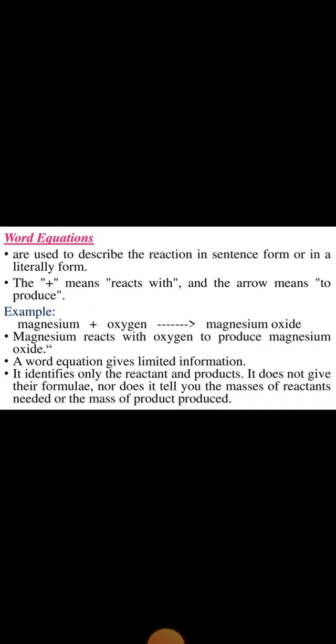Now let's speak about the next equation, that is the skeleton equation. This equation represents the chemical reaction, but it does not give you the information on the number of atoms participating in the reaction. Here you have substituted the chemical formulas for the words of the word equation.